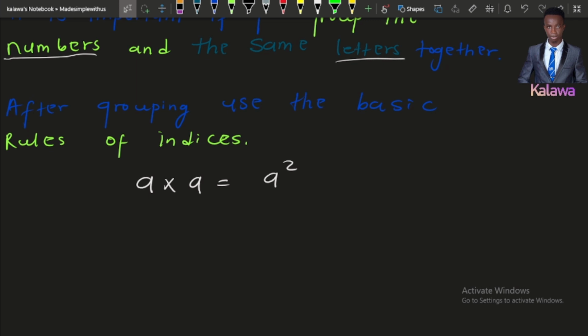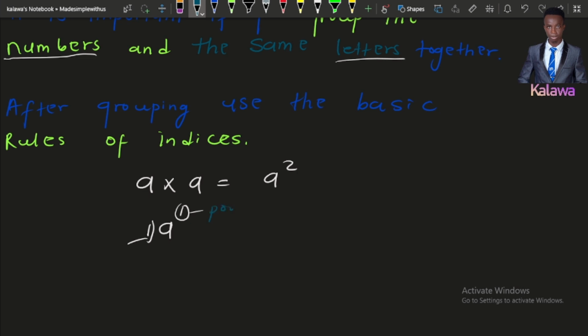Remember, whenever we see a letter, or we can say a variable, standing alone, there are two things that must come to your mind. Let's say we have A here. Bear in mind that we have 1 as coefficient and there is 1 as power. Bear these two things in mind always.